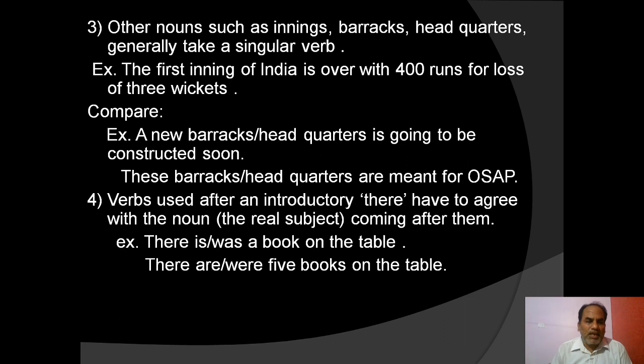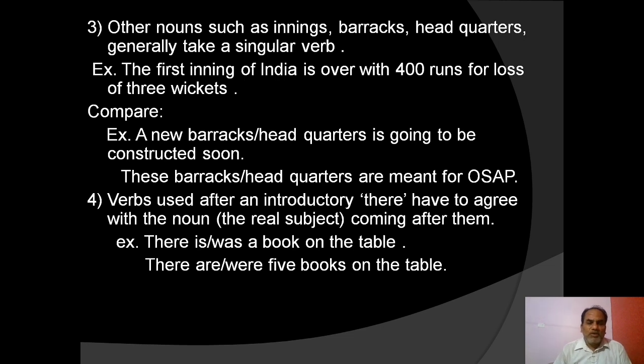Then another situation is: verbs used after an introductory there have to agree with the noun, the real subject coming after them. That means there is or was a book on the table. There are or were 5 books on the table. Here, there is the introductory subject or dummy subject.